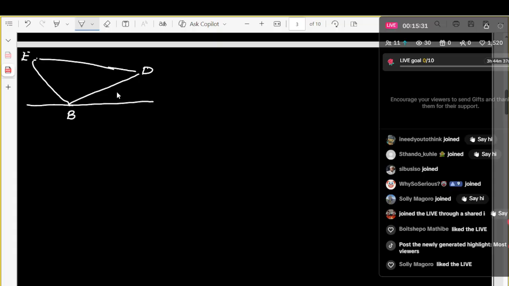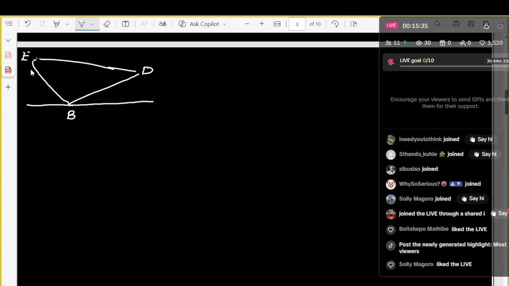In this triangle BDE, let's say the length from B to D is 7.1 kilometers, or we can say meters, but it's fine, kilometers. And then let's say the length from B to D is given as 5 kilometers.